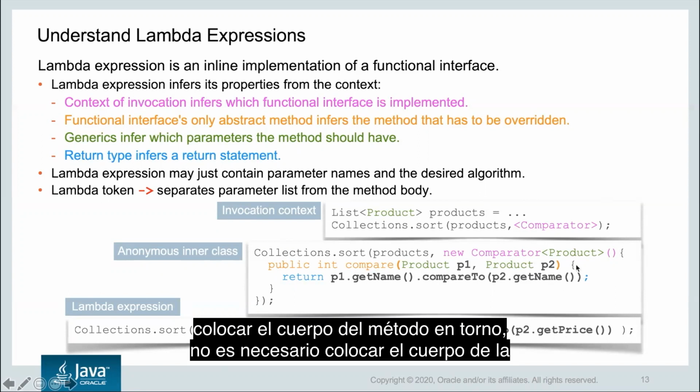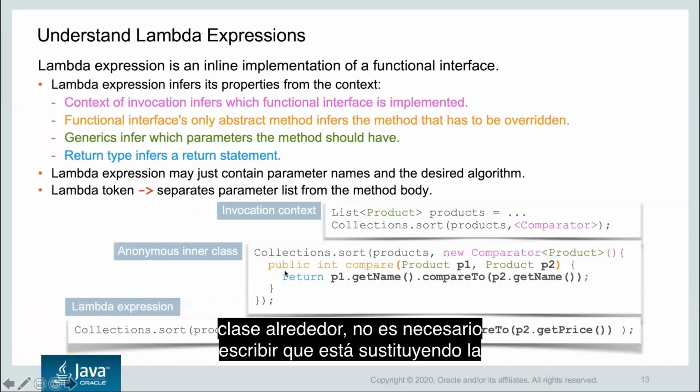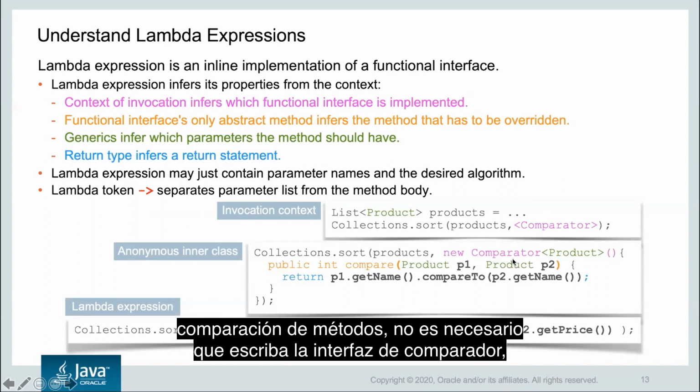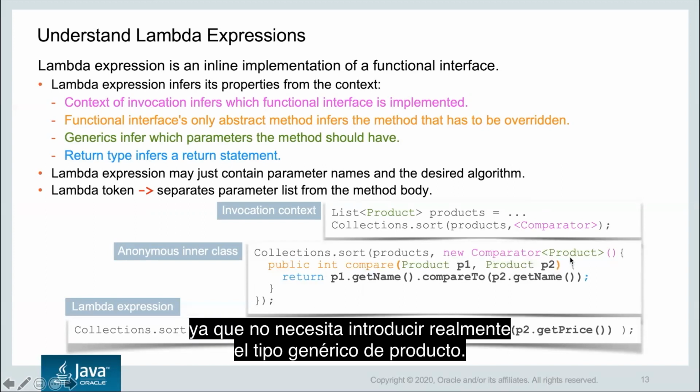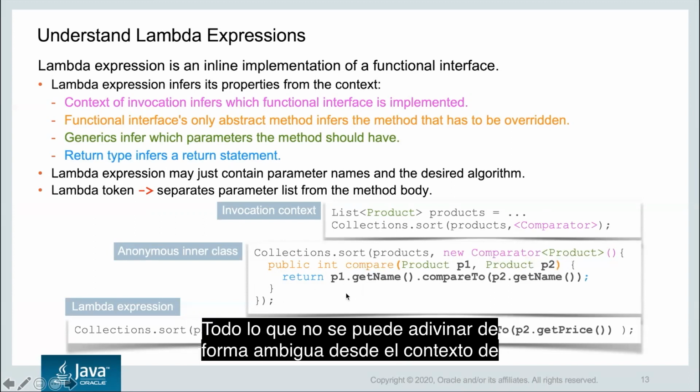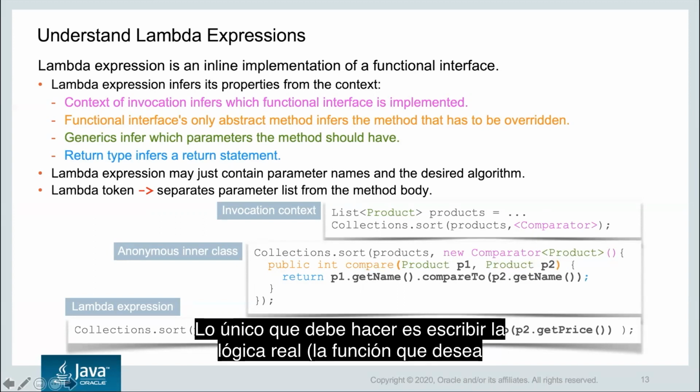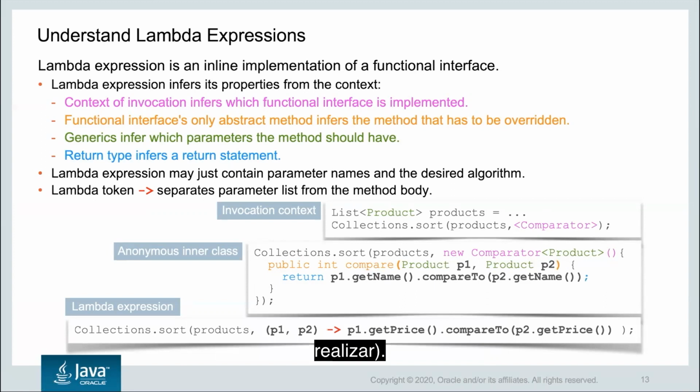You don't need the method body, the class body, or to write that you override method compare or implement the Comparator interface. You don't need to say it's generics of type Product. All of that is unambiguously guessed from the invocation context. All you need to do is write the actual logic, the function that you want to perform.